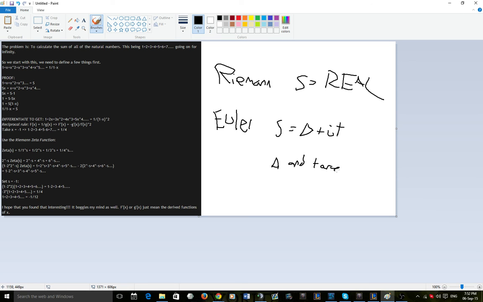are real numbers. Delta is just a number, for example 1 or 2 or 2.5 or pi or the square root of 2. t is also a real number, 1, 2, 3, square root of 2, pi, except you multiply i by t and add that to delta.